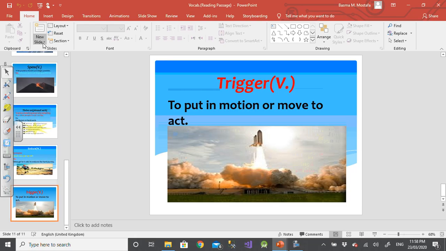Okay. We finished the reading passage vocabulary. I want you to guess the rest, and we have a lot of explanation in the booklet. So we have finished the vocabulary.